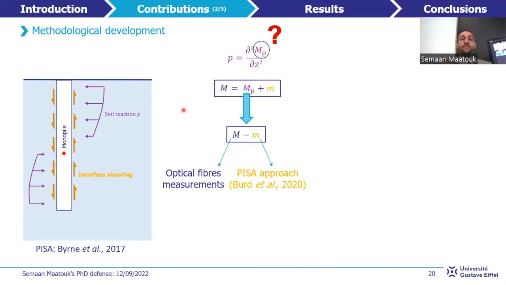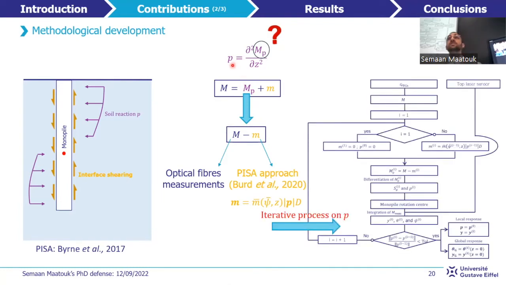Therefore, MP is obtained by subtracting from the total moment M derived from the optical fiber measurement the distributed moment small m assessed by the PISA approach, as it cannot be experimentally derived. However, M is a function of P, which is the purpose of this calculation. This is why for each loading state, an iterative process on P is developed in the study to determine the couple small m, small p, in order to infer the local and the global response of the monopile.